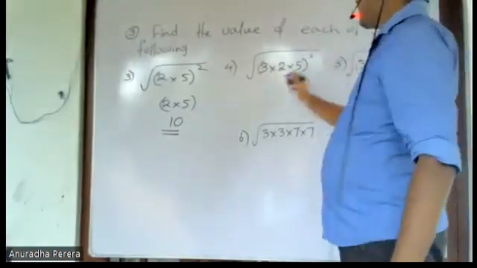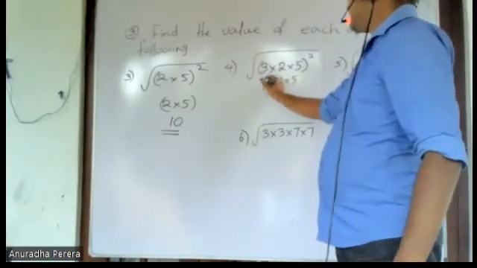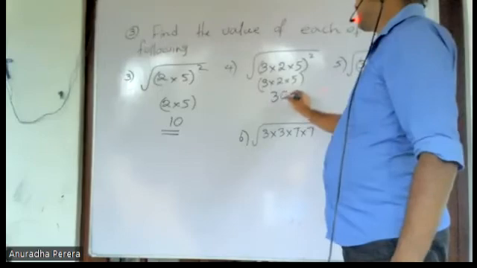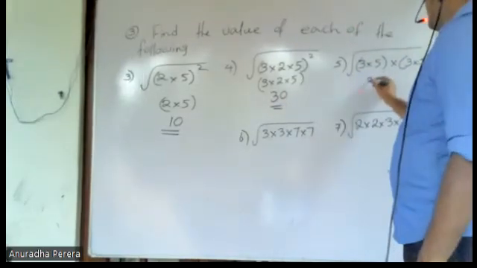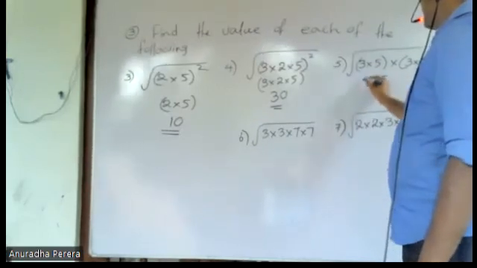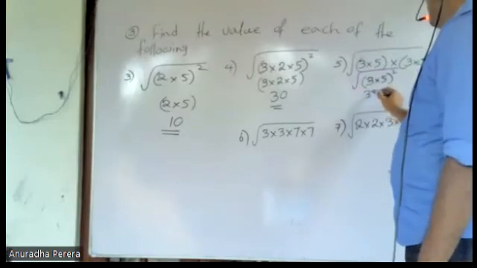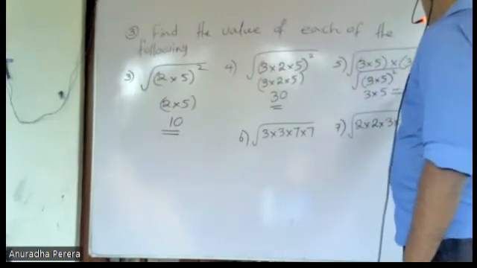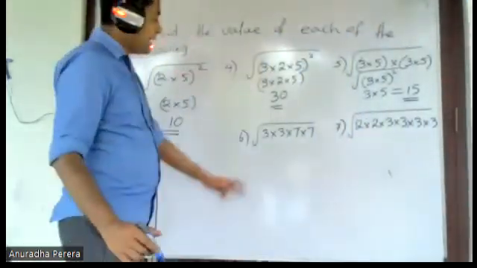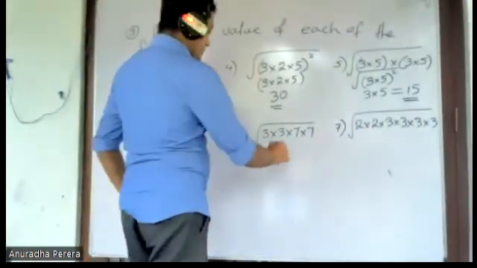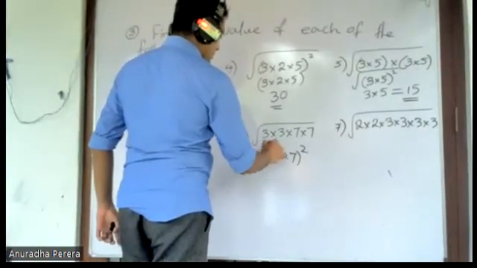Remove this square root. 3 times 2 times 5. What is the answer? 30. Third one, first of all, write as a square. 3 into 5 to the power 2. Then cancel them. The answer is 15. Arrange this as a square. 3 into 7, the square root.